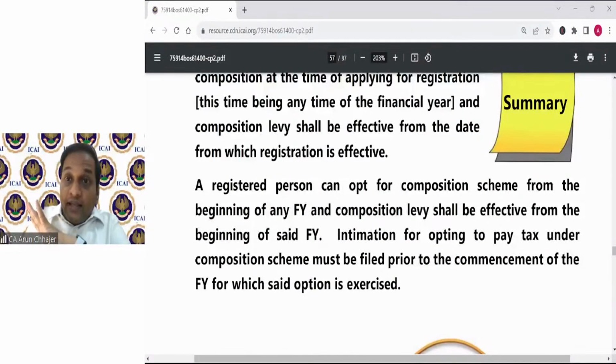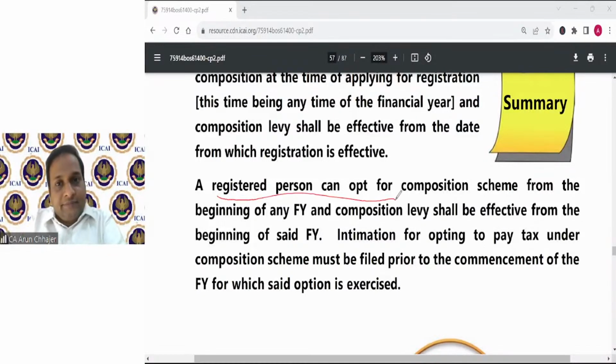But if you are opting from regular to composition, then the intimation has to be submitted before the start of the financial year, and the effective date will be the first day of that next financial year.